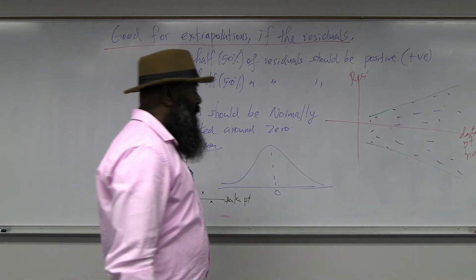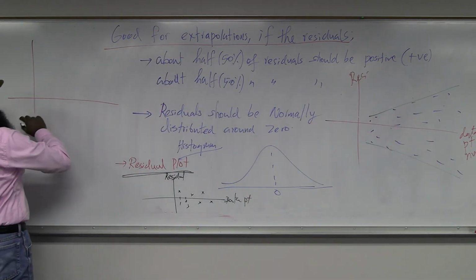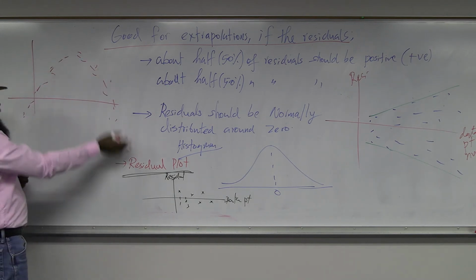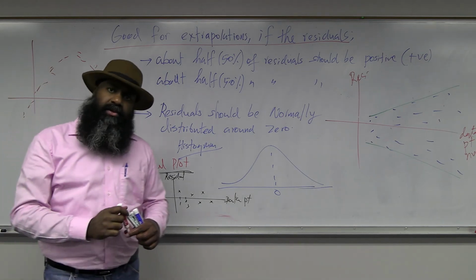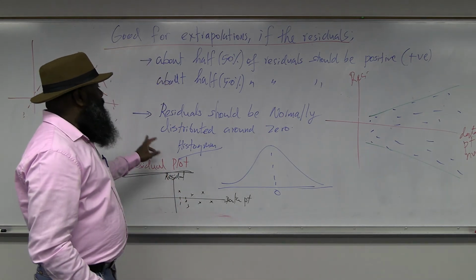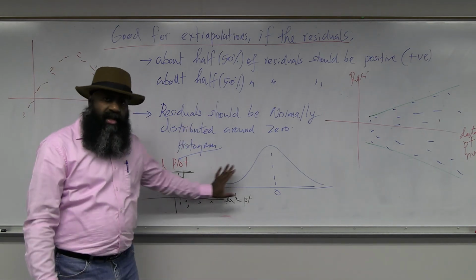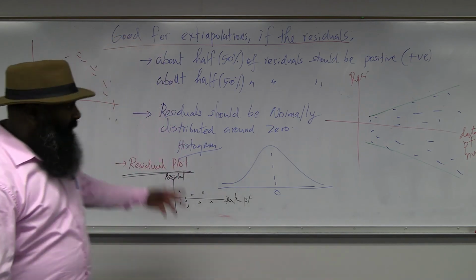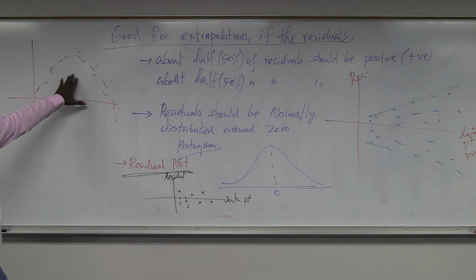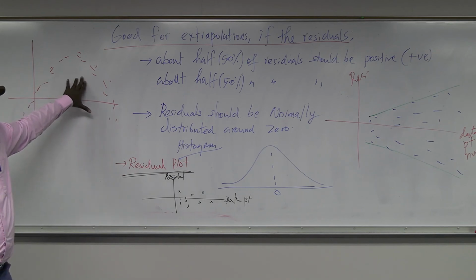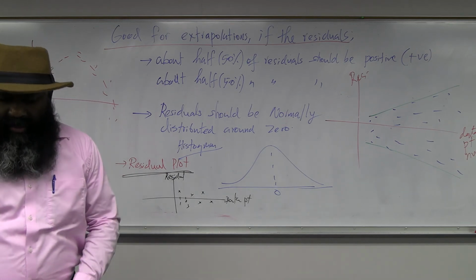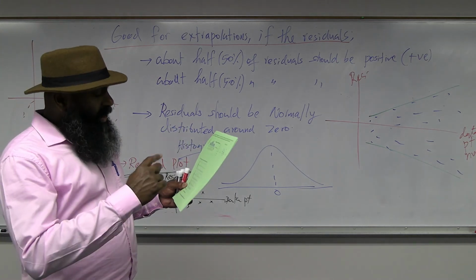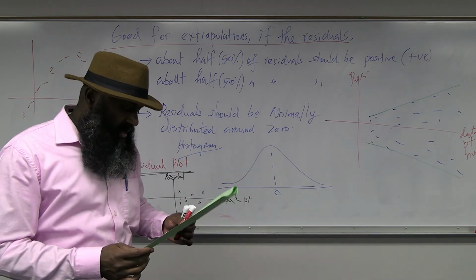And the next residual plot has a shape like this. So the residuals are like that. It's a parabolic shape for residuals. We said the residuals should not have any identifiable patterns, but that one actually has a certain pattern. So the regression equation related to this residual plot will also not be good for extrapolations. And the third residual plot may or may not be good for extrapolations.